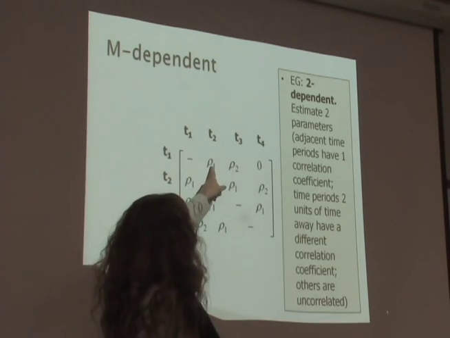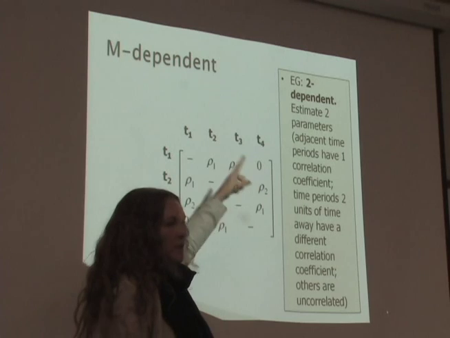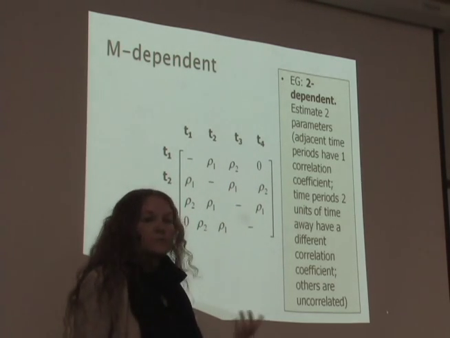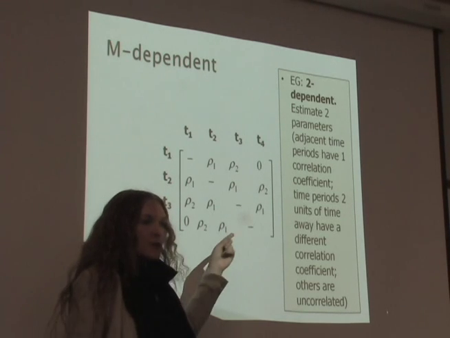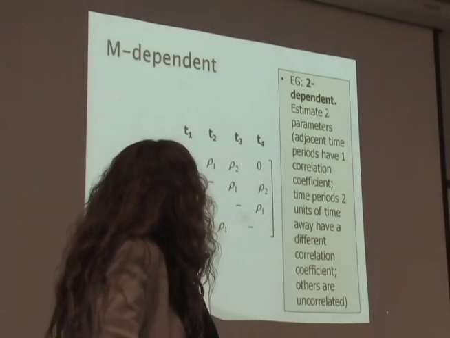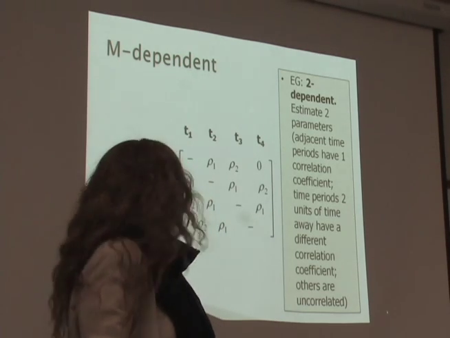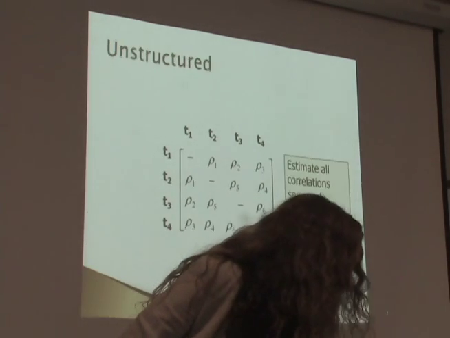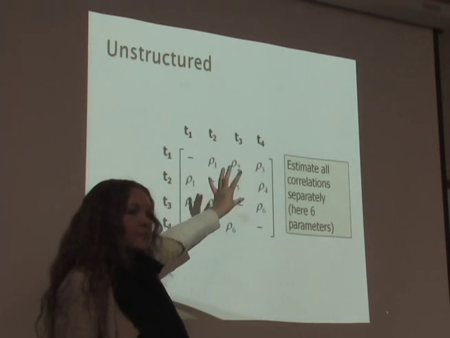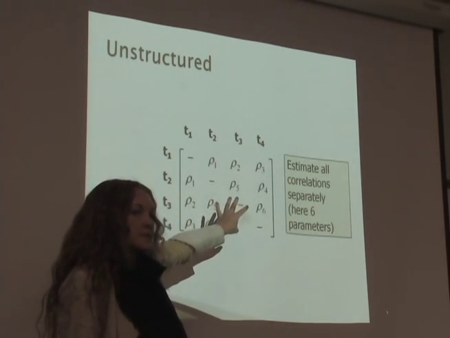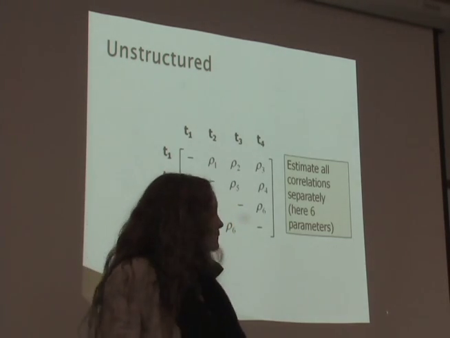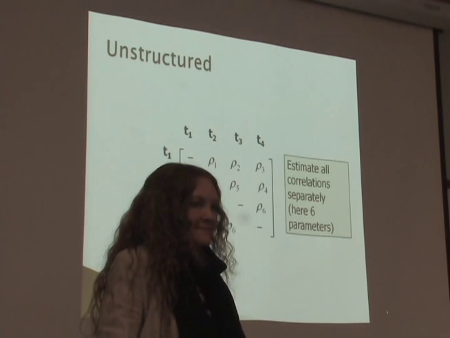So you could specify 3-dependent, 4-dependent, 5-dependent, depending on how many time points you had and depending on what you thought was going on. You can say how many M there are in it. Yeah, exactly. And then unstructured is going to fit all the correlations for you based on the data. Okay. Make sense?